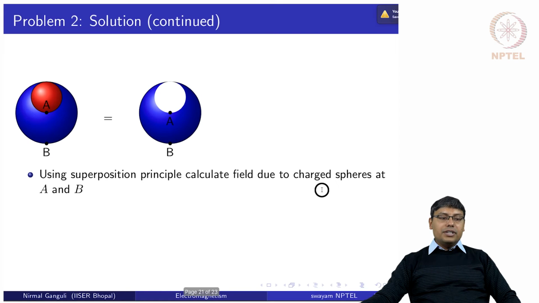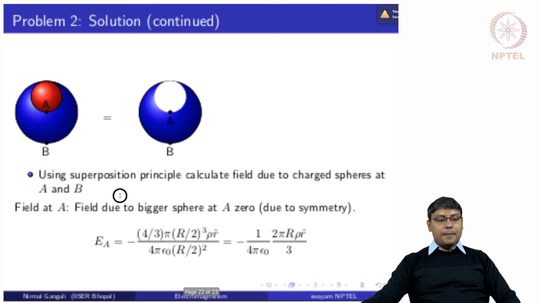So, that means this situation is equivalent to the situation that we are given. So, we can find the electric field corresponding to this situation by applying the principle of superposition, and applying the principle of superposition on this situation is much easier.